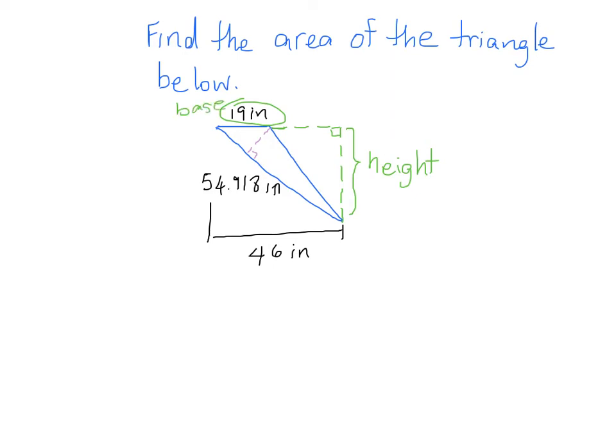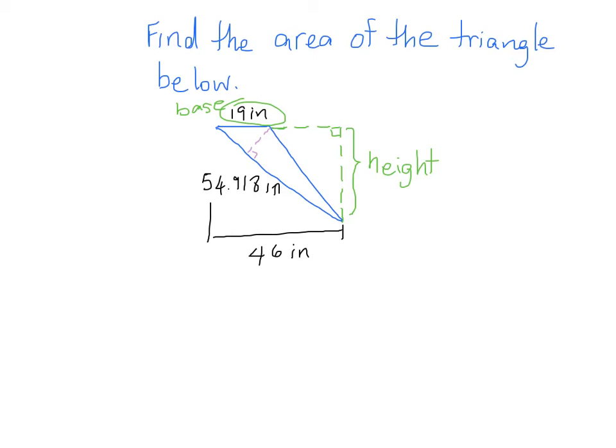What I've just done, I'll repeat: I completed the triangle so we could see what the height is in comparison to the base. Now we have a base and a height that's perpendicular to it, even though it's on an extended line.